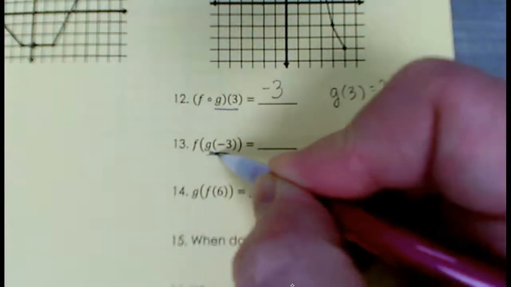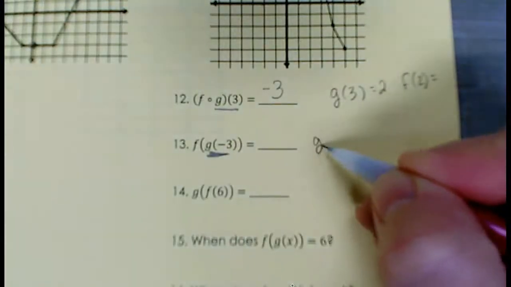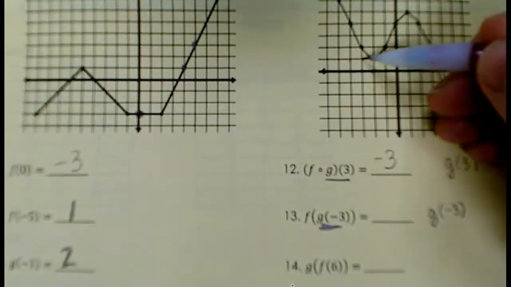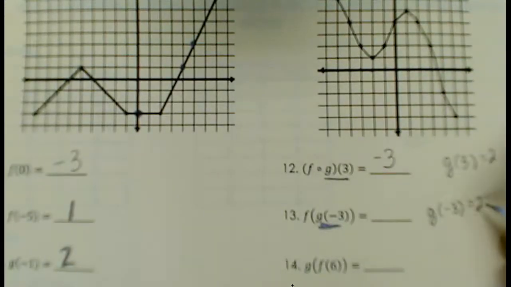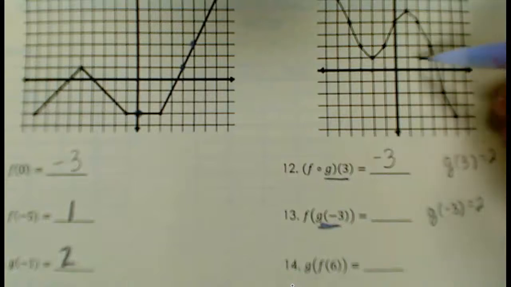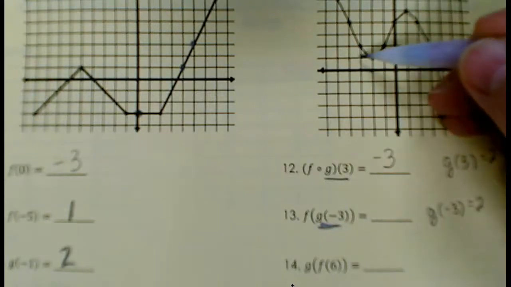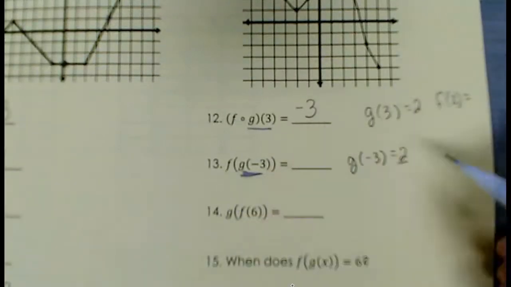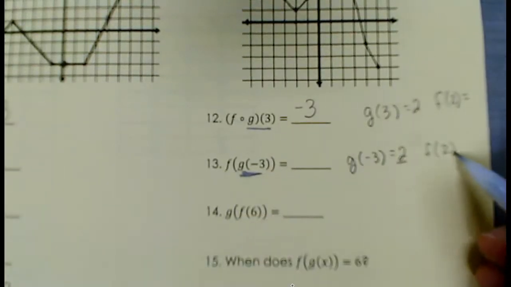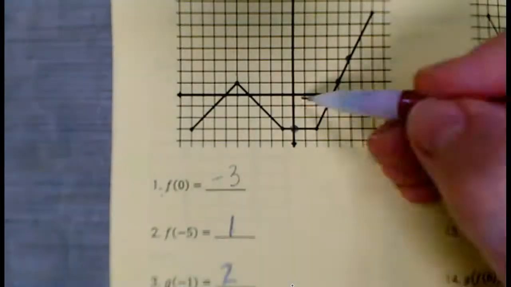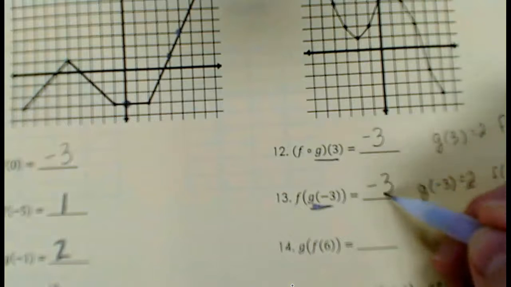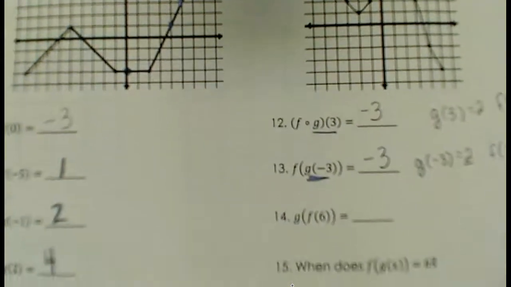This is where you start. G of -3. G of -3 is equal to 2. This goes in the outside function. F of 2 is equal to -3 again.